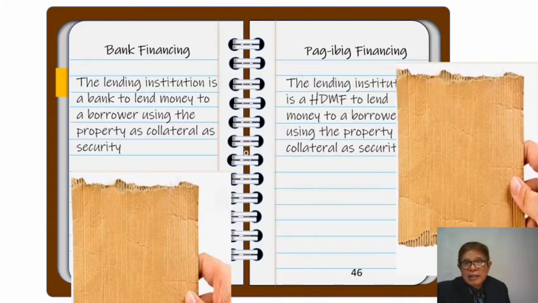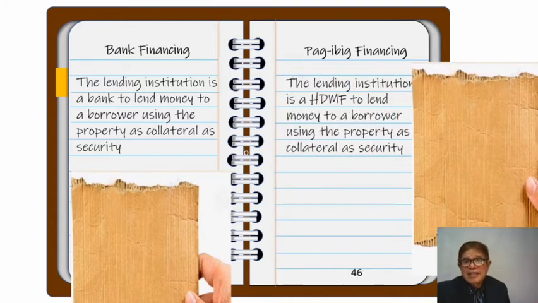In Pag-IBIG financing, the lending institution is the HDMF, Home Development Mutual Fund, lending money to a borrower using the property as collateral and as security. Bank is private, while Pag-IBIG is government-controlled, funded by all Pag-IBIG members. Foreigners are not allowed to loan from banks. Only a corporation in which the foreigner is part owner, with a 40% share.